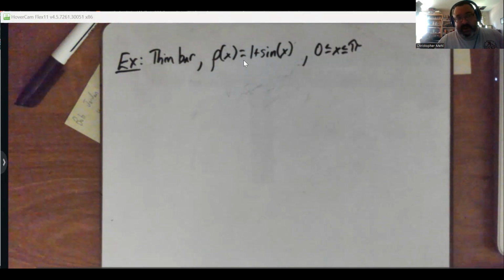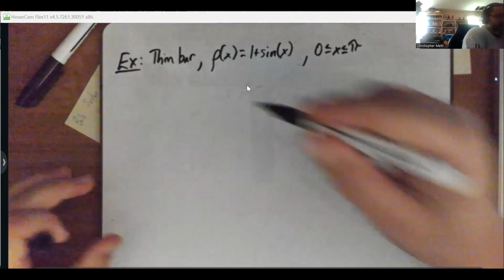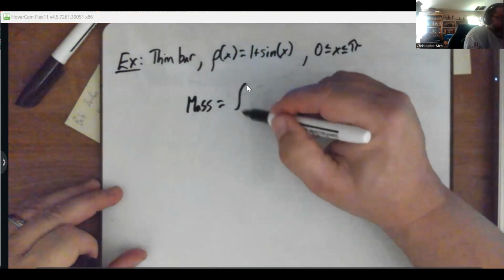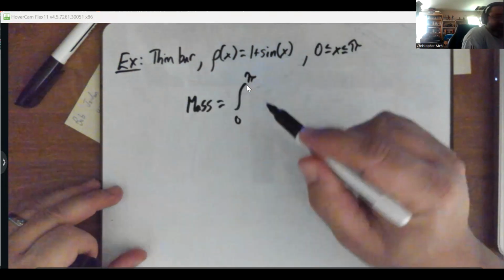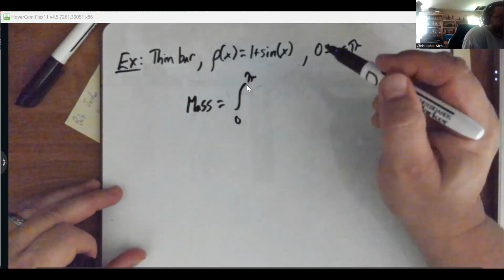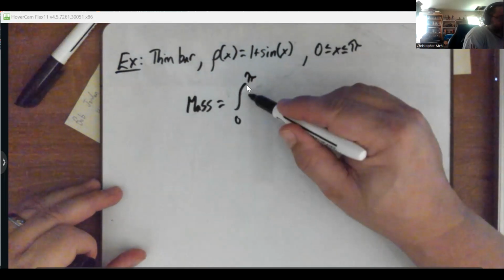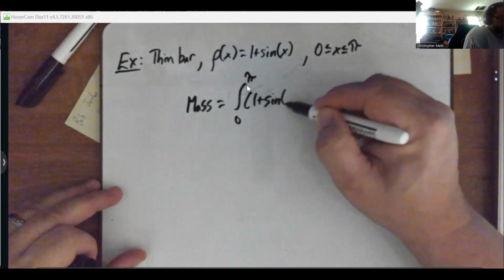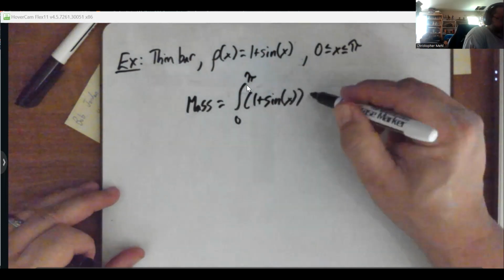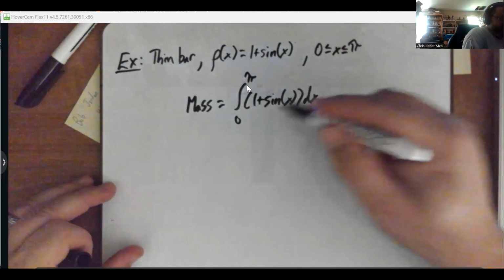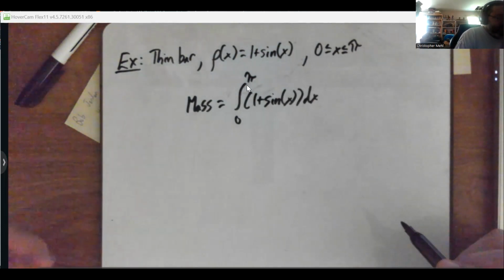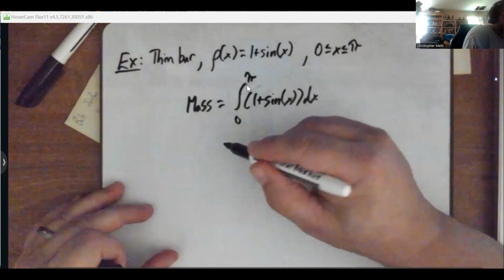We don't really need to graph the function here, because we're just applying the formula that the mass would be the integral from x equals 0 to x equals pi of the density function, 1 plus sine of x, times dx. So all we're doing is integrating 1 plus sine of x from 0 to pi.